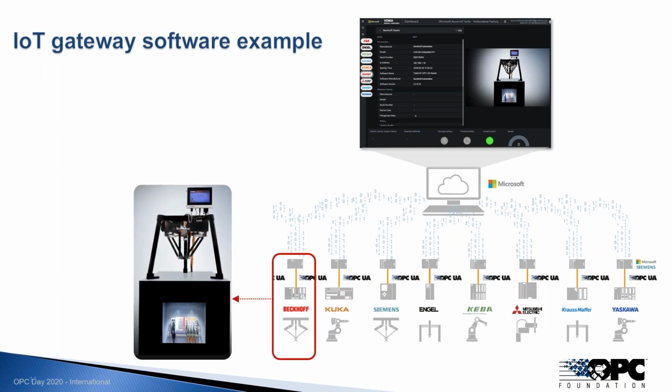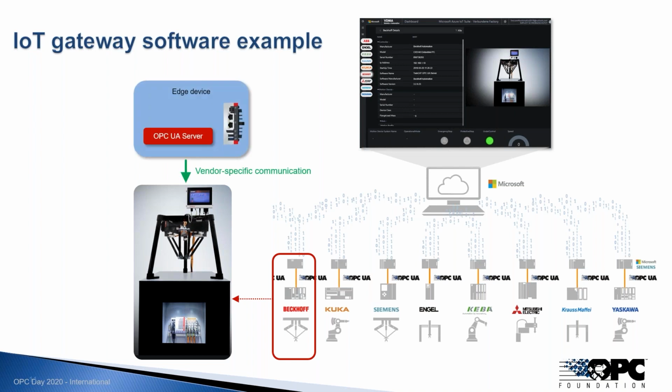There's a Delta robot from Beckhoff as a component, which is actually providing the data. But because we are talking currently about a brownfield scenario, this machine is only providing the data in the vendor-specific format. So we are not very happy in terms of OPC UA, right?